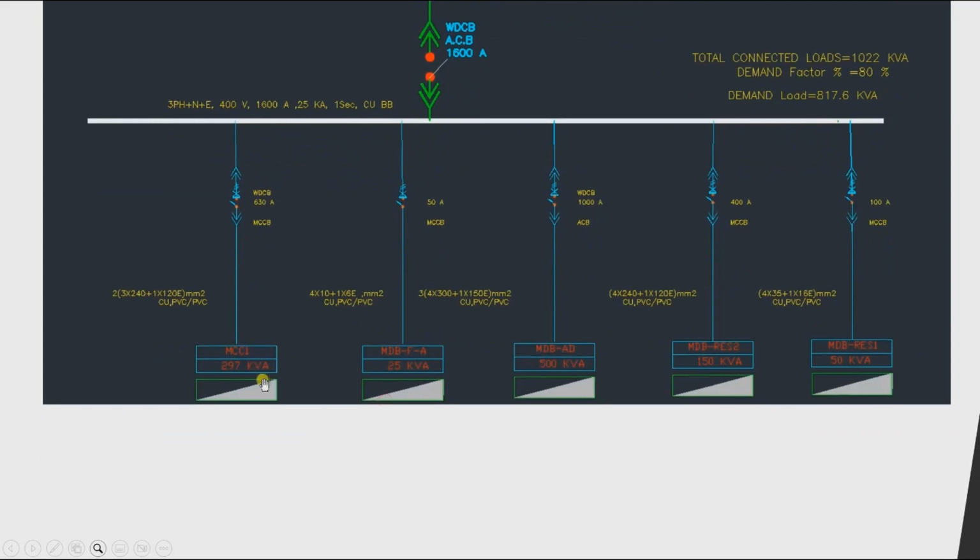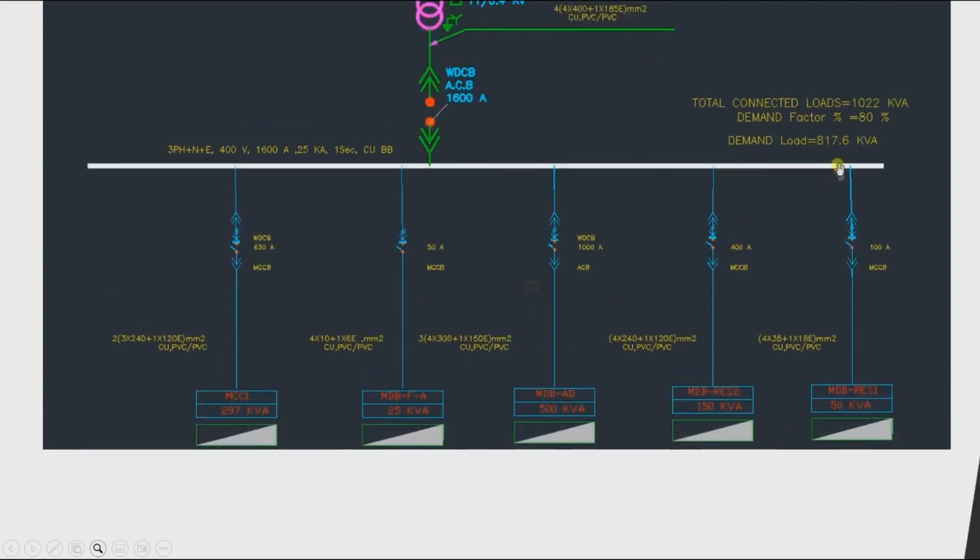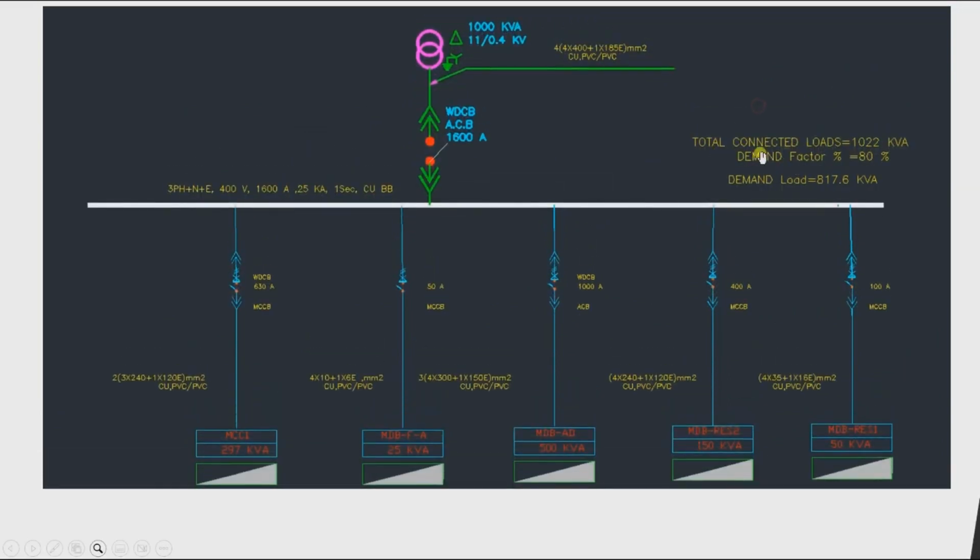Great. Now these are 297, 225, 500. Of course, since we have a group of panels, we will apply a diversity factor. Other codes consider the diversity factor as the demand factor. So here you can see it is a demand factor of 80%. To be more specific, it is the coincidence factor.